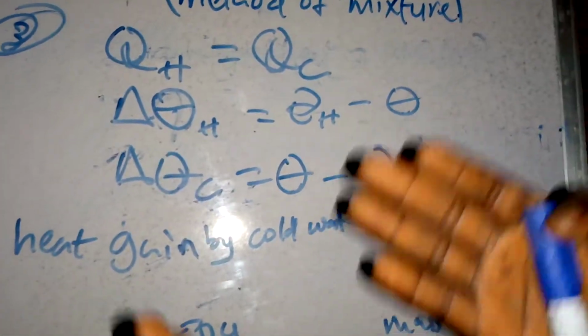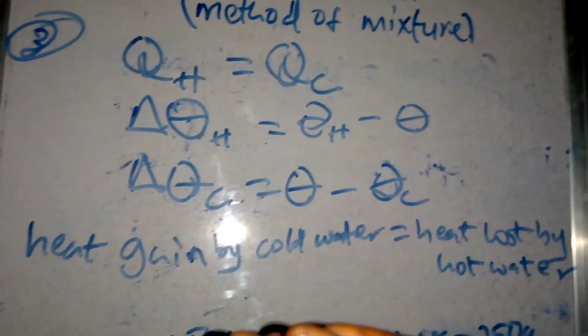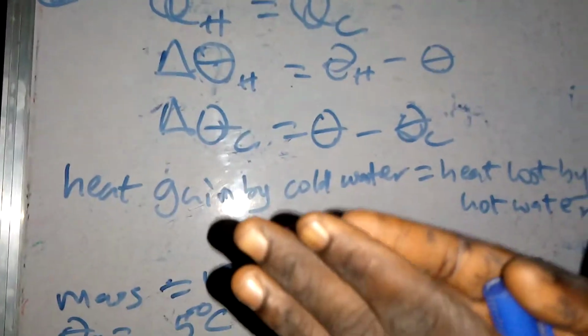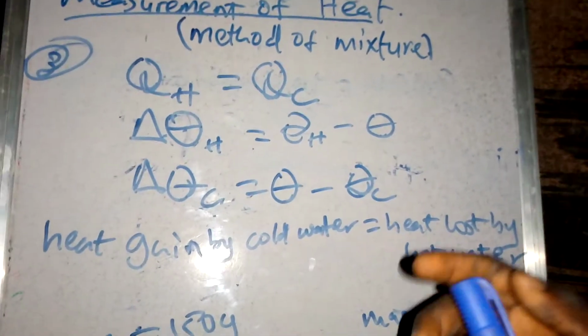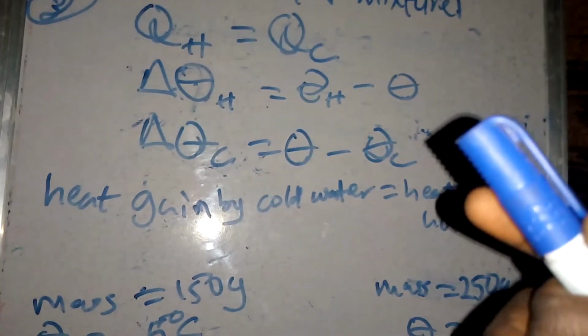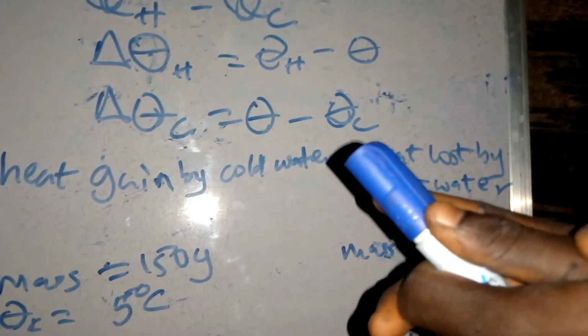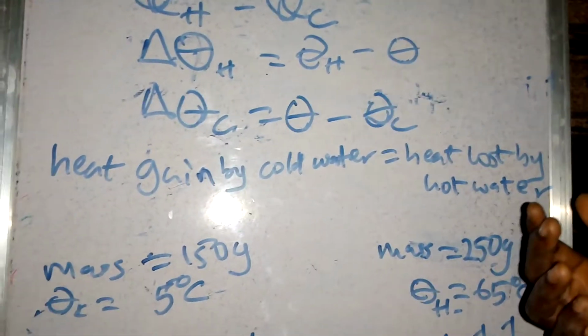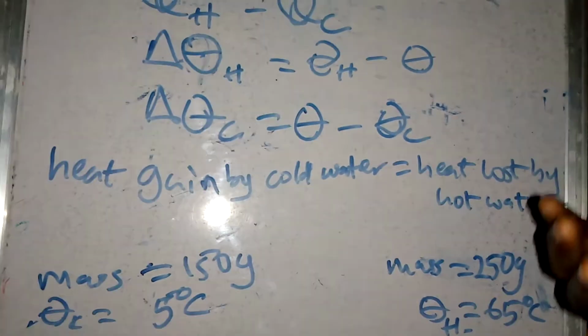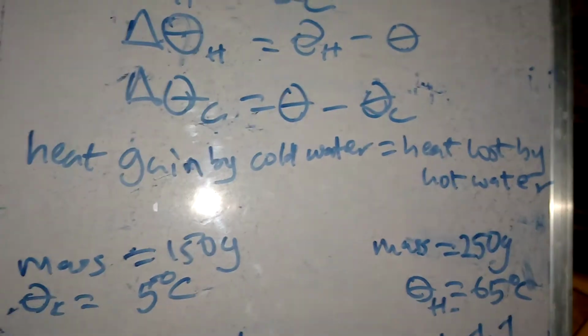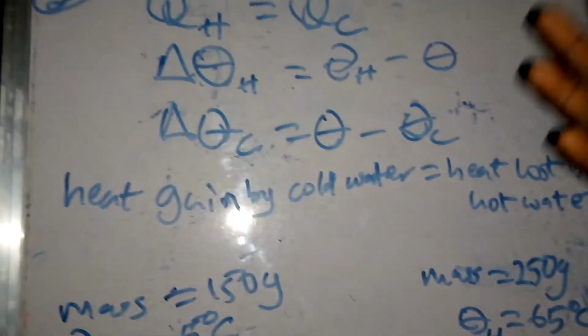When hot water and cold water are mixed together, the hot water that was at 100 degrees Celsius will get to some lower temperature. For instance, a man wants to bathe with water at 30 degrees Celsius and places water on fire, and the water is at 100 degrees Celsius.